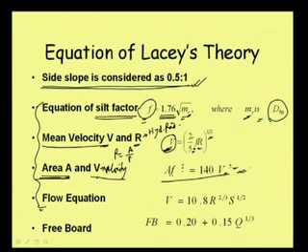Then another relationship he gave, that is the flow equation. Normally in Kennedy's formula, or in our design of uniform flow channel also, we were using the uniform flow equation, that is V is equal to 1 by n R to the power 2 by 3 and S to the power half. This is Manning's formula.